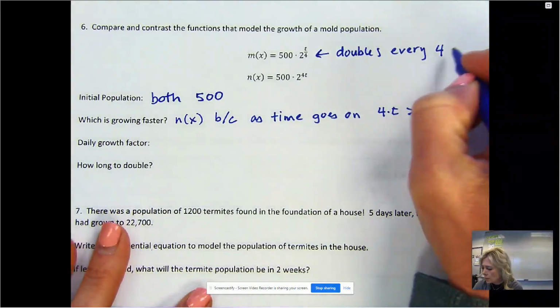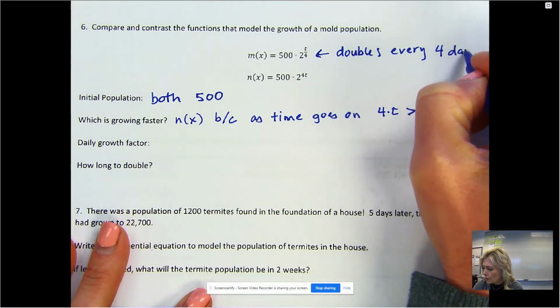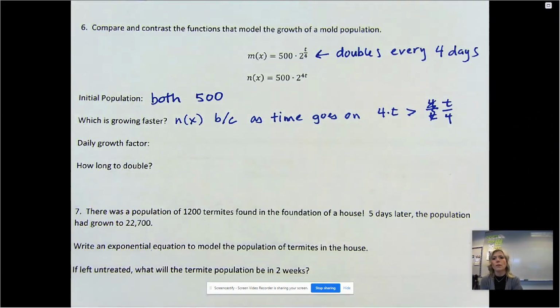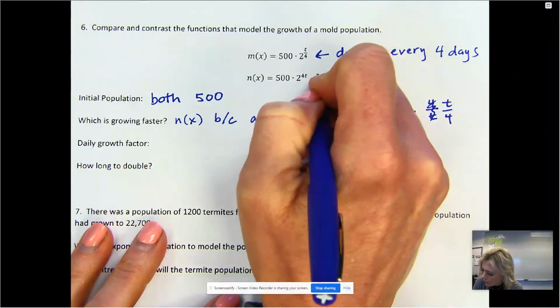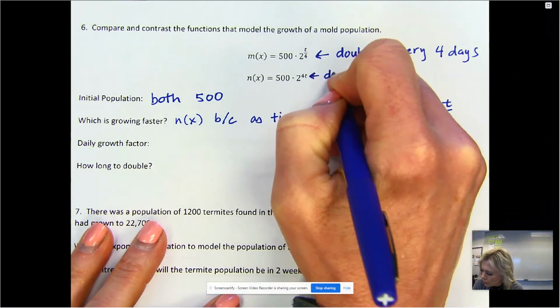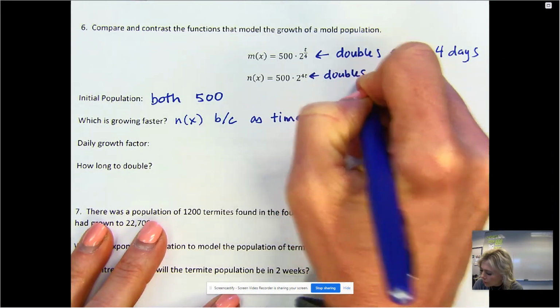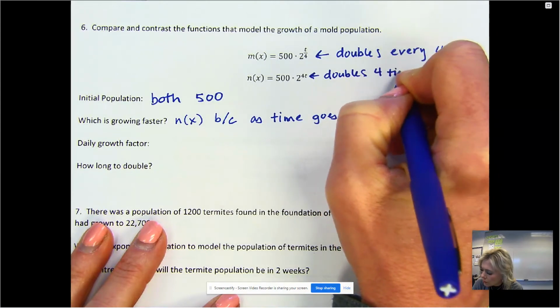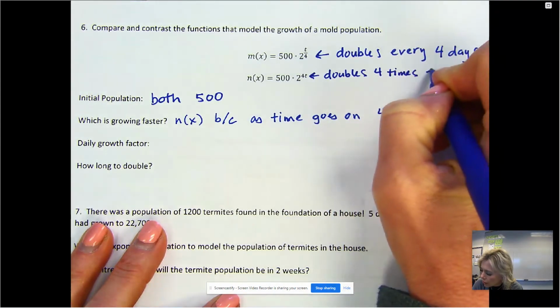Let's say it's days, every 4 days. Okay, that's what it means when it's dividing by the 4. It takes 4 days to double, whereas multiplying by the 4 means it doubles 4 times each day.